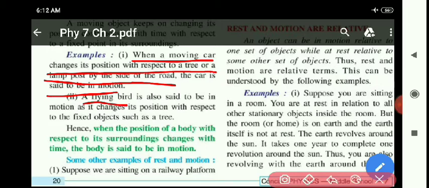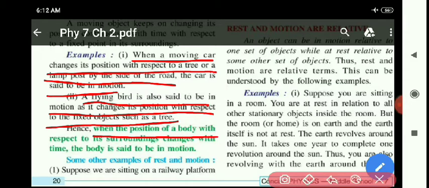A bird flying is also said to be in motion as it changes its position with respect to fixed objects such as a tree. Obviously, when a bird is flying, it is changing its position according to time, so that bird is also in motion. Hence, when the position of a body with respect to its surroundings changes with time, the body is said to be in motion.